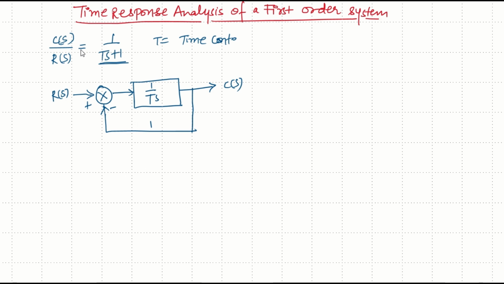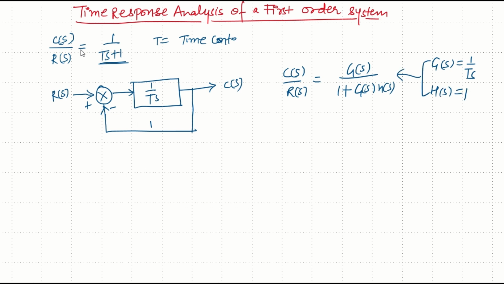The overall gain of the closed loop system, as we have already discussed, Cs by Rs, is given by Gs upon 1 plus GsHs. Here the value of Gs is 1 by Ts and the value of Hs is 1. So, when we put this, we get this expression. So, the first order system is defined by 1 by Ts plus 1.